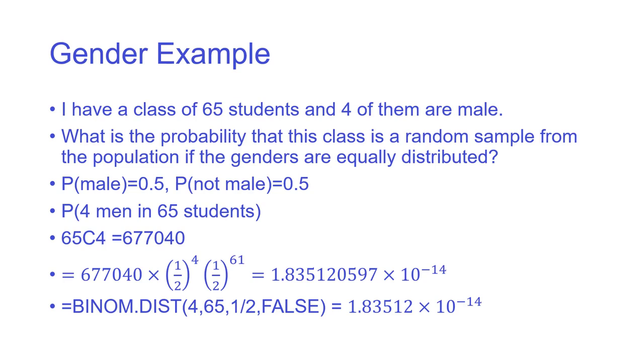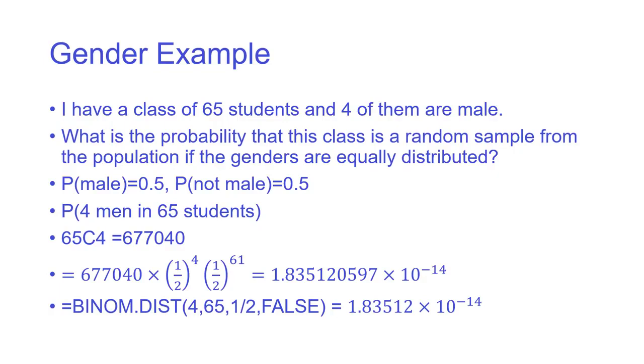I then multiply that by 1 half to the power 4, that's the probability of 4 men turning up, multiplied by 1 half to the 61, which is the probability of 61 women turning up. When you multiply that all out together, you end up with 1.835 times 10 to the minus 14. That is an extremely small number.